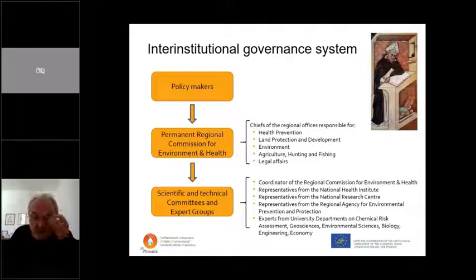Because if you do not have strong scientific support, the decisions cannot be founded; they are only taken from the sensation of people. But this permanent commission must be supported by a multidisciplinary expert panel, which gives scientific consulting starting from the available data.